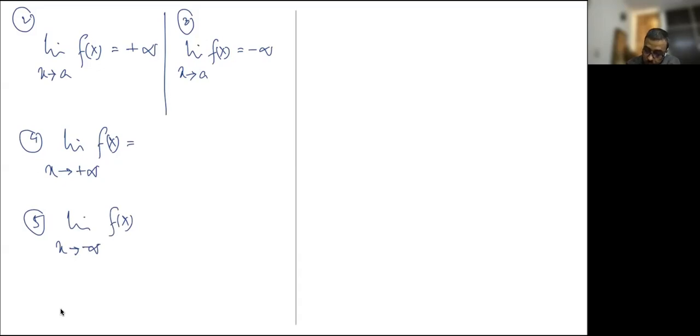So in the first 3 cases, we are interested in the behavior of the function near a real, whereas here we are interested in the behavior of f near plus infinity, here behavior of f near minus infinity. So that way they are different, and in each case you have to look at 3 sub cases: some L real, plus infinity, minus infinity. So there would be in all 9 definitions, you can say.